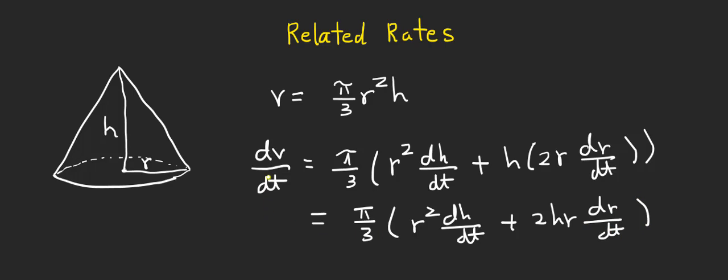So that is going to be the dV over dt, which represents the rate of change of the volume of a cone with respect to time, and dh over dt represents the rate of change of height with respect to time, and dr over dt represents the rate of change of radius with respect to time.